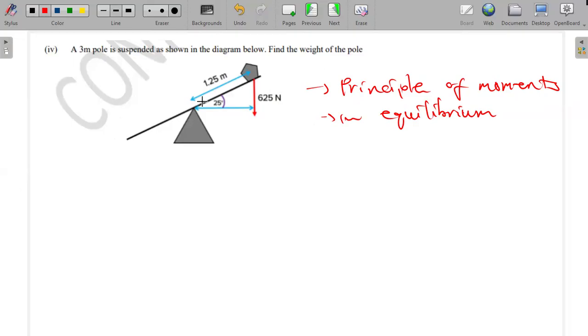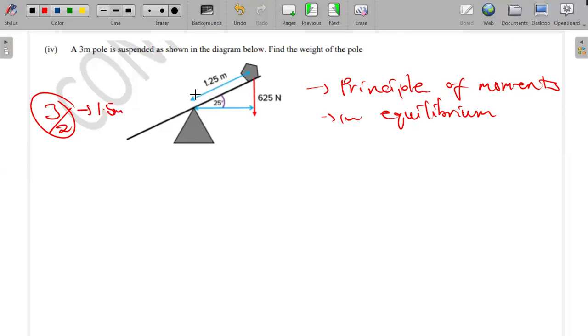And if you notice, they've told us the pole is 3 meters long. We have a pivot here, and this pivot is located 1.25 meters from one end, meaning it is not at the center of this particular pole. If I divide 3 by 2 to find the center of this pole, I'm going to find that the center of mass, the center of gravity of this pole, which is uniform in nature, is going to be acting at its midpoint, which is 3 divided by 2, 1.5 meters.